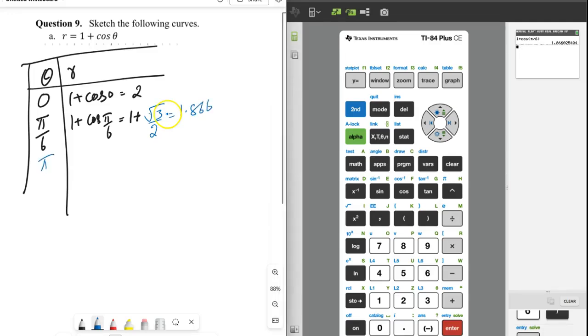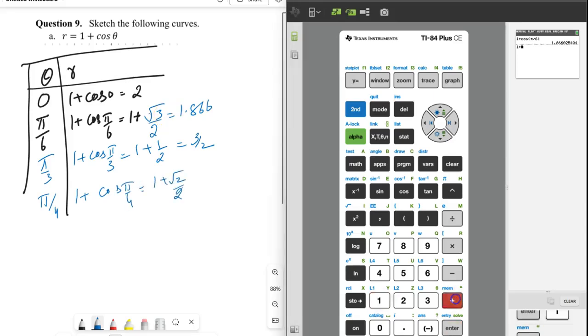Let's also find at pi by 3. 1 plus cosine pi by 3. Cosine pi by 3 is half, so that is going to be 3 by 2. At pi by 4, 1 plus cosine pi by 4 is 1 plus root 2 by 2, or you can use your calculator to get it.